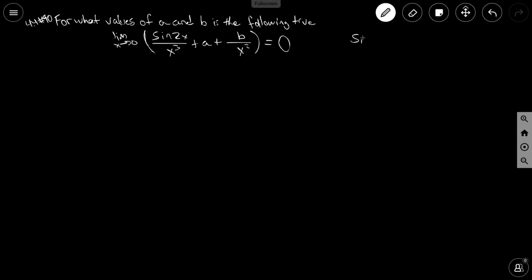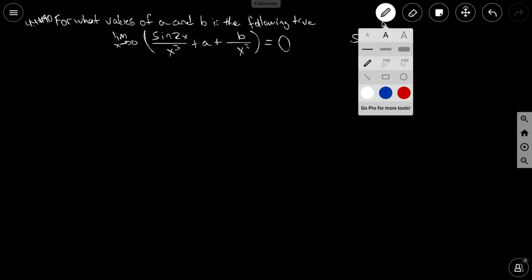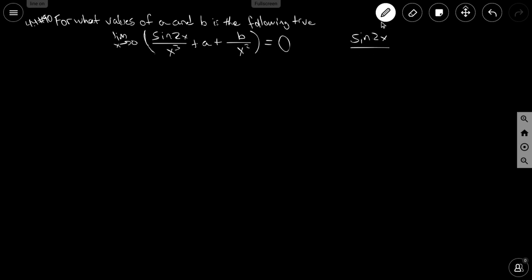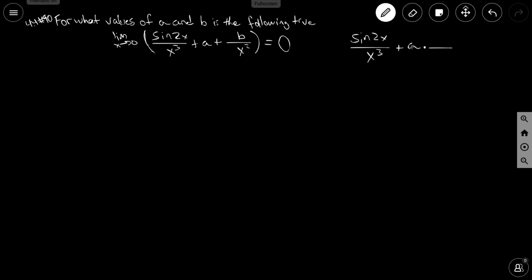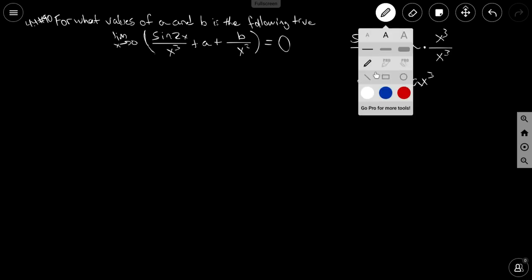So in order to allow for A to add with sine 2x, I'm going to need to multiply by x cubed over x cubed. And this is going to give me sine 2x plus ax cubed over x cubed.